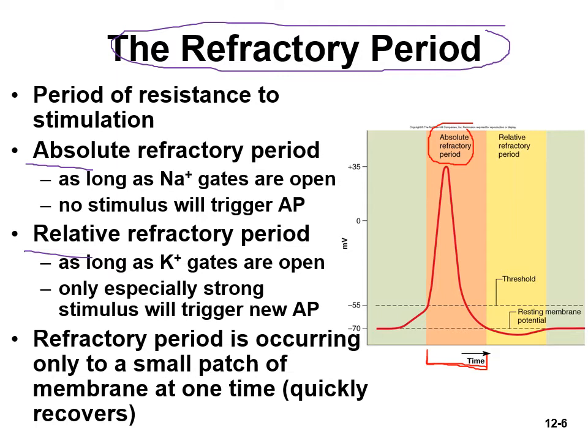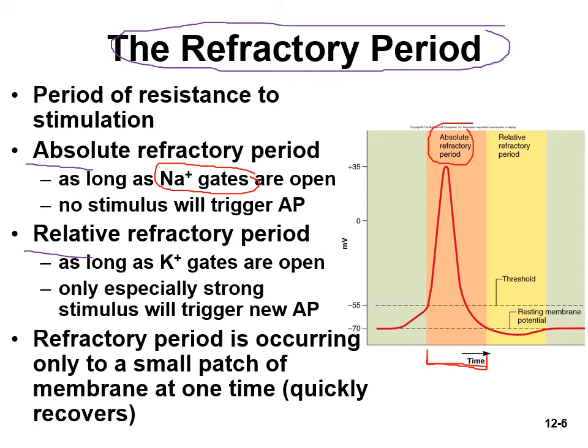So the cell is already in the middle of responding. All the sodium gates are open. So regardless of how much stimulus we add to it, we can't generate another action potential on top of the one that's already going on. Okay? So an absolute refractory period basically means no matter how much stimulus you add, you will not get another action potential because you're already in the middle of your first one.